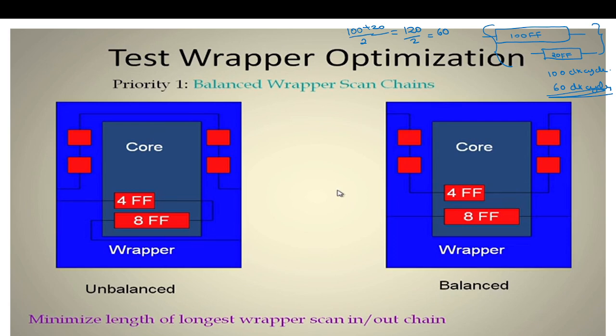So same way for this wrapper also, the balanced wrappers can change. So now if we have one architecture of a wrapper, we can connect this. We have four wrapper boundaries scan flip flops and say 8 plus 4 flip flops scan chain inside the core, and only two pins are available.